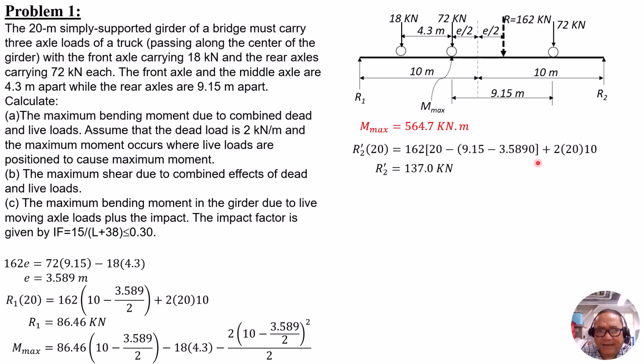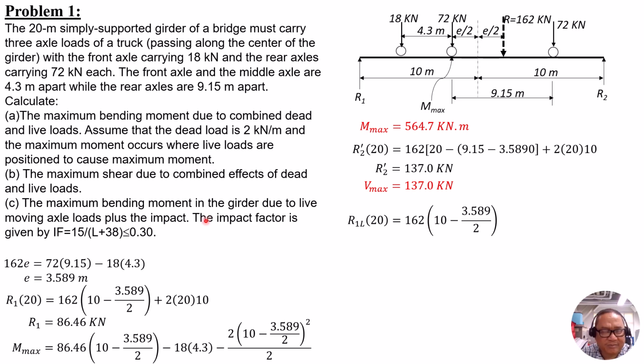So R2 prime is equal to 137.0 kilonewtons. And that's also the maximum shear due to the combined effects of live and dead loads.